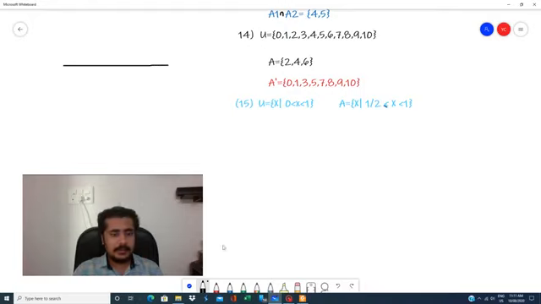We start this line from 0 and end it at 1. Now exactly in the middle, there is half.